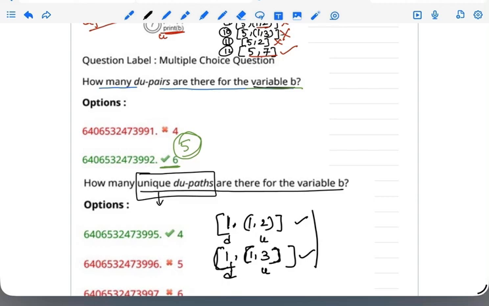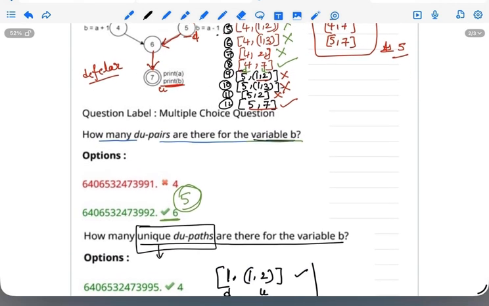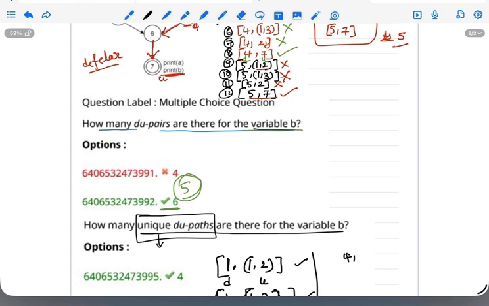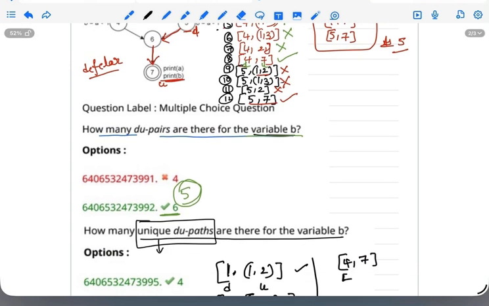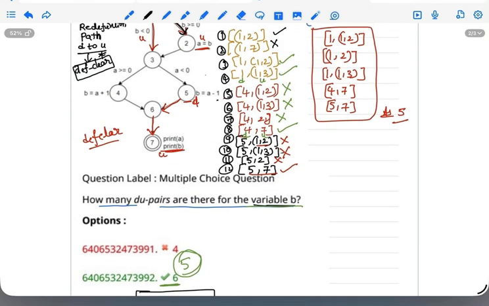Next one is 4 to 7, a unique du pair, and 5 to 7 is also a unique du pair. So the answer is 4 for this question. These are 4 unique du pairs.